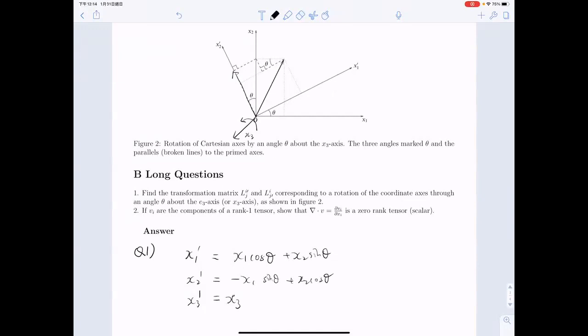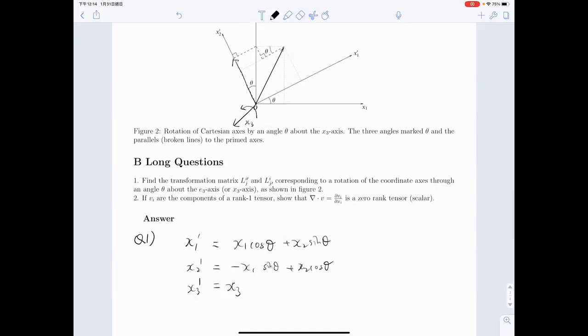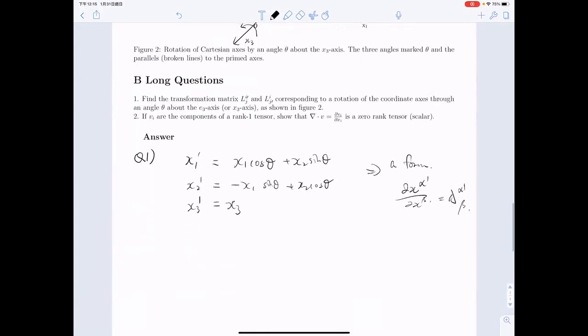Easy. So after decomposition by the unprimed system, the form appears like this. Why we can express it in matrix form, you will know shortly.